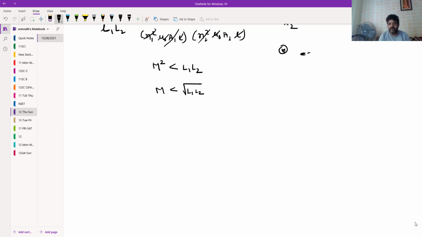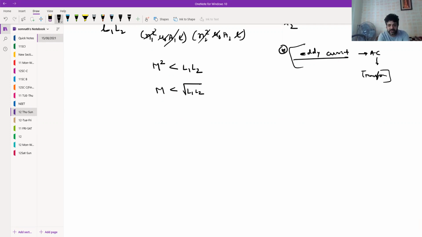I will show this eddy current in AC with the transformer, then you understand it in much better form. So I show you this eddy current on the transformer. The rest everything is complete.